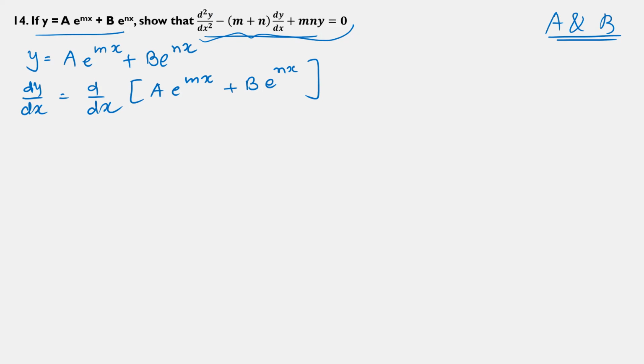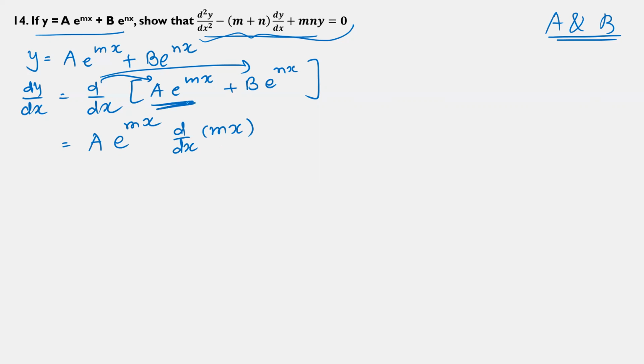It's like numbers we used to take outside, 3 and 5 are outside the differentiation. So that way only we are going to take. So a here, by the addition rule, a is out. The differentiation of e to the power x is e to the power x only. So for mx, it is e to the power mx. But this power is weird, so apply the chain rule, multiplication.